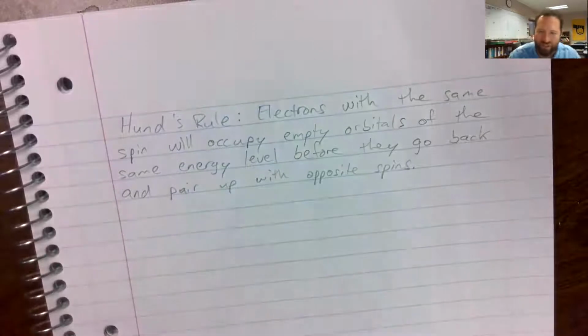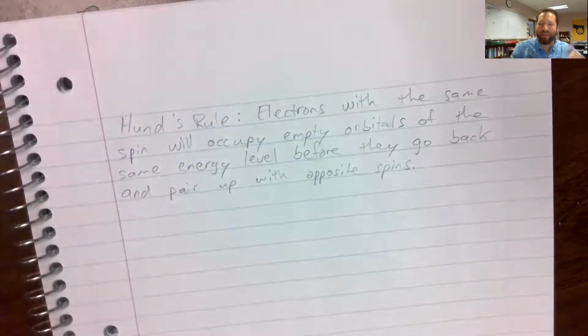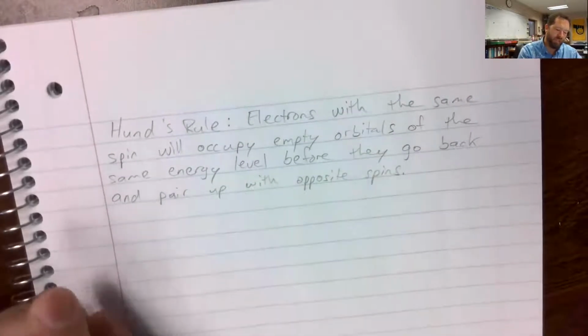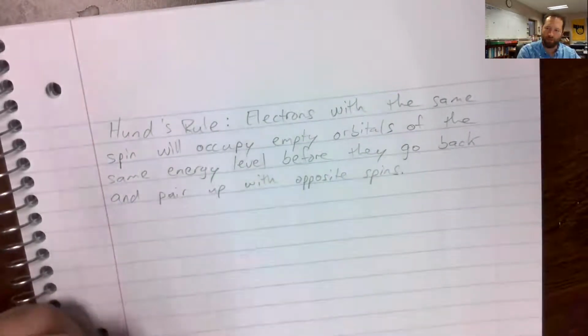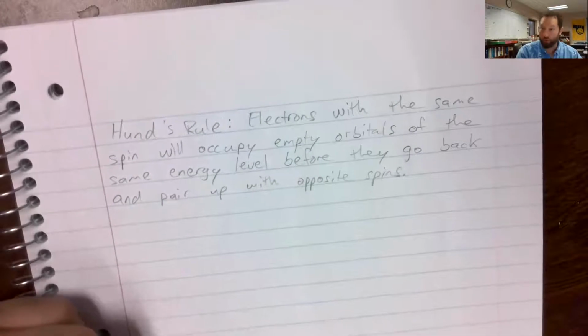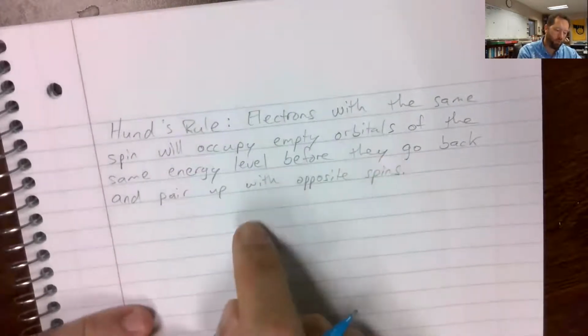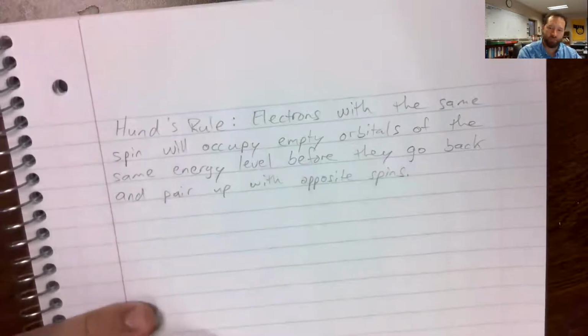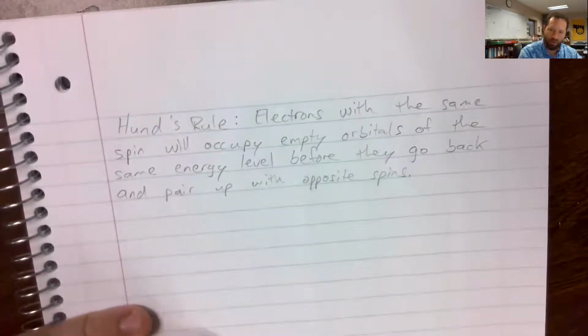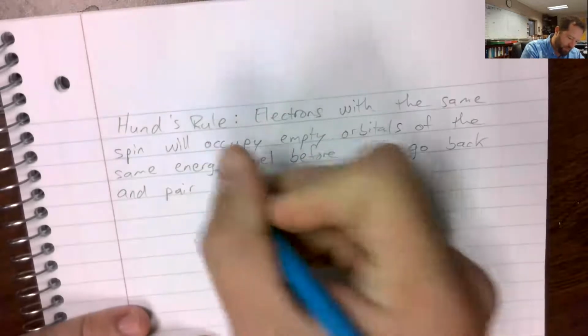So a lot of words here to say a concept that I think for the most part we've already pretty much got. But electrons with the same spin, so that means up arrow, up arrow, up arrow, or down arrow, down arrow, down arrow, but same spin will occupy empty orbitals of the same energy level before they go back and pair up with opposite spins.